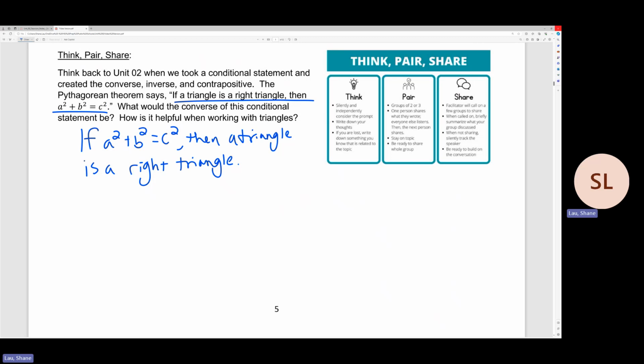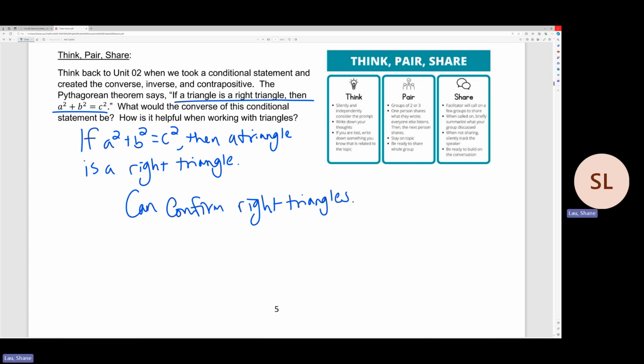Very good. Okay. And how is this helpful when working with triangles? We can confirm right triangles.